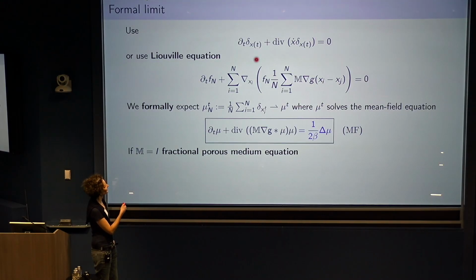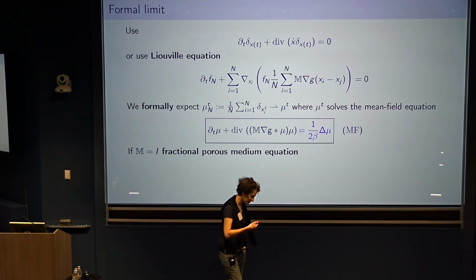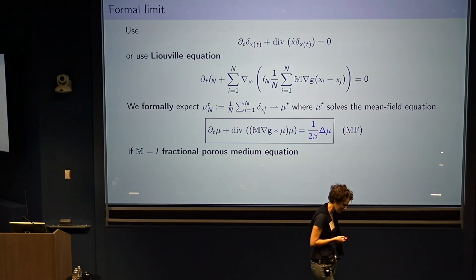And why does that happen? Because whenever you have a Dirac mass that's moving, the time derivative of the Dirac mass plus the divergence of the velocity times the Dirac mass equals 0. So that's a continuity equation for the Dirac mass, right?